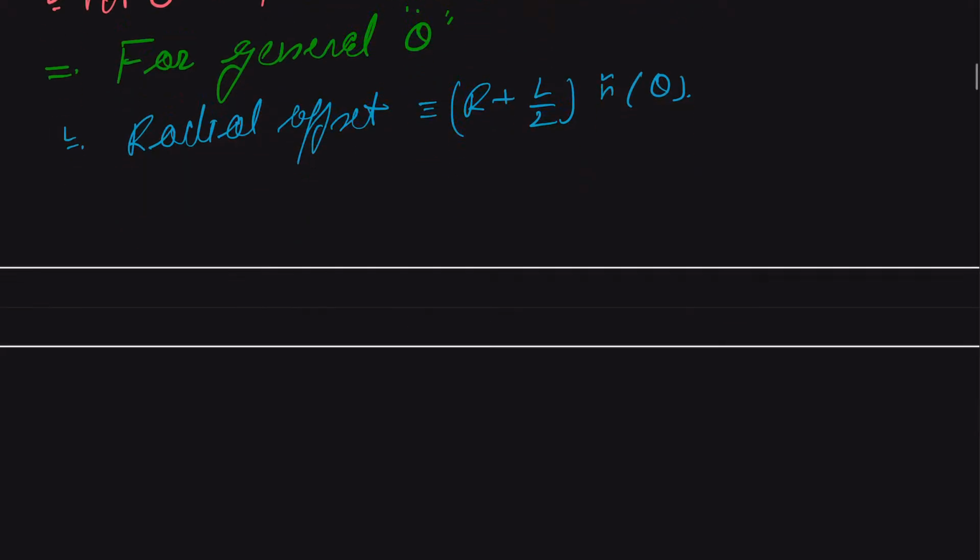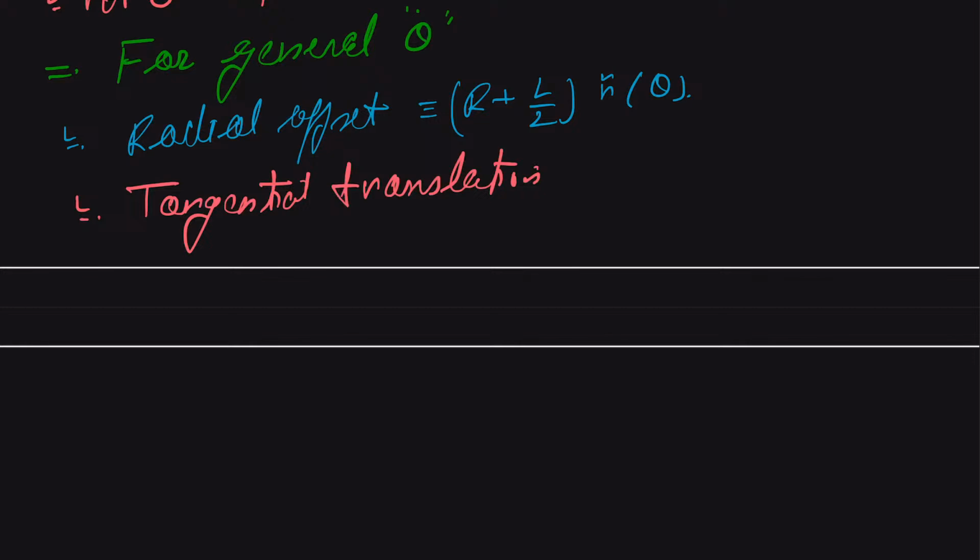And our tangential offset, or we can say tangential translation, is the same as our r of theta. So this becomes r of theta, and the direction we already know is our t unit vector at theta.